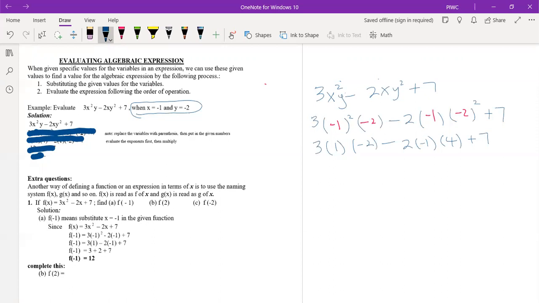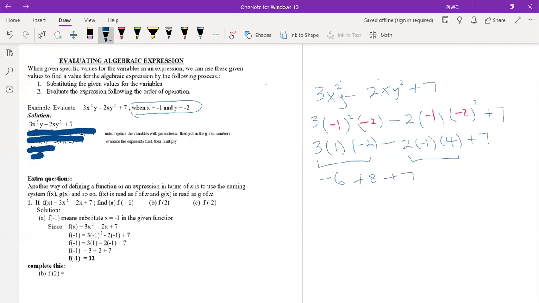Now I'm going to multiply out. So 3 times 1 is 3 times -2, so that gives -6. Then we have the negative sign attached to the 2, so it's -2 times -1, which becomes +2. +2 times 4, so that'll be +8. And then plus the 7.